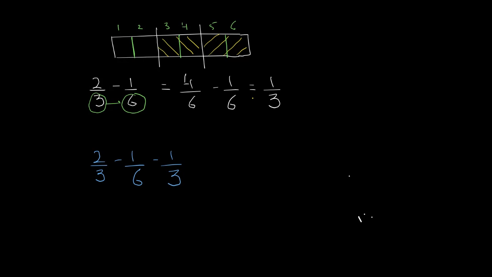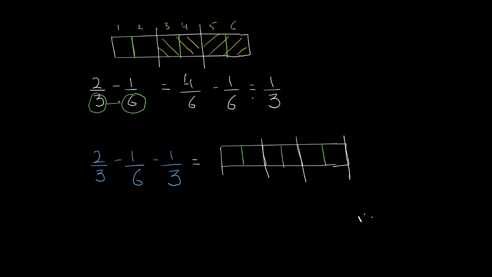I can put all of these on a common denominator, but let me first draw it, and then we'll deal with the problem. So here's my bar of chocolate. I have thirds. I'm going to break up each one of my thirds into two equal pieces. So now I get 6.